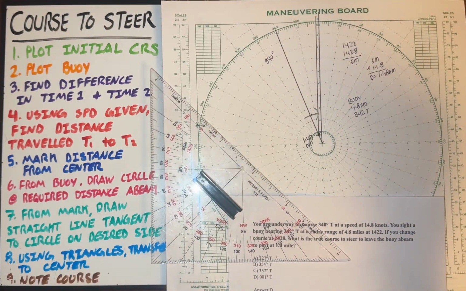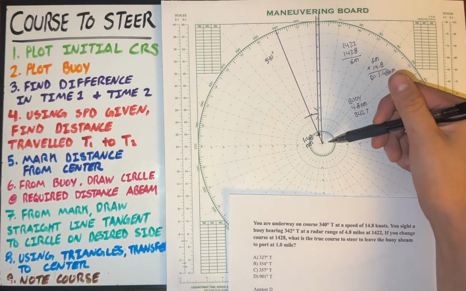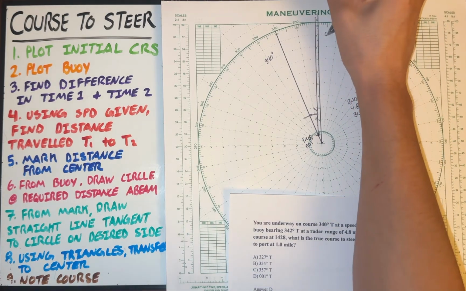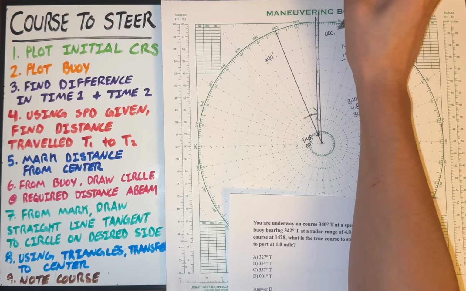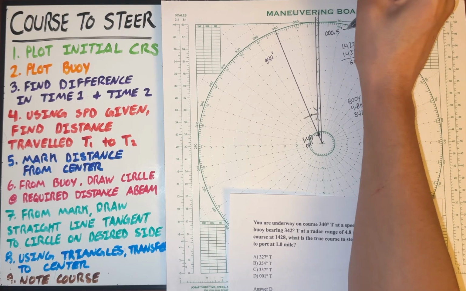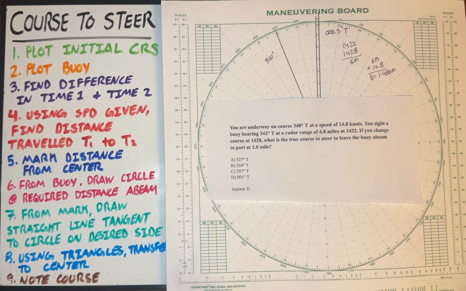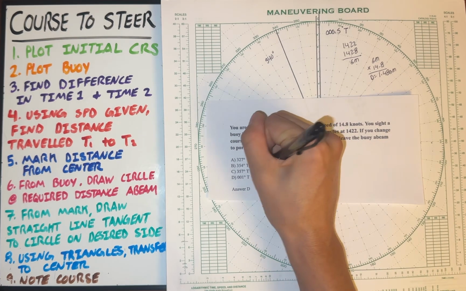So what I have is, now it's transferred to the center, we can note this course. It's a little bit inaccurate because our scale is small, but that looks like 0.5 degrees true. We'll look at our answer choices. Our closest answer choice is D 001, and that's going to be the correct answer.